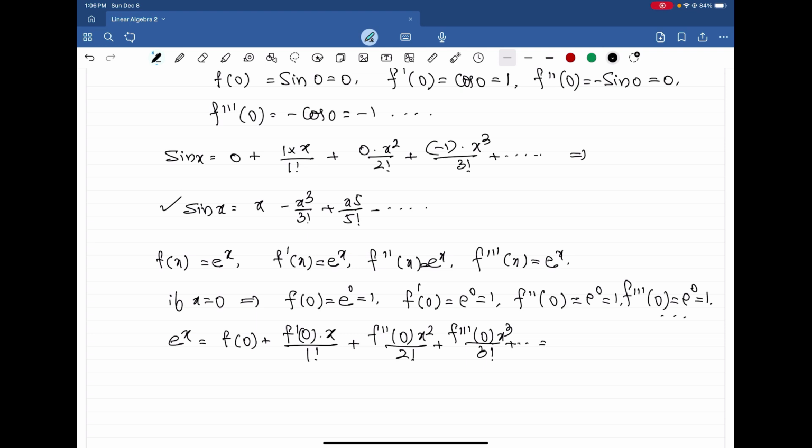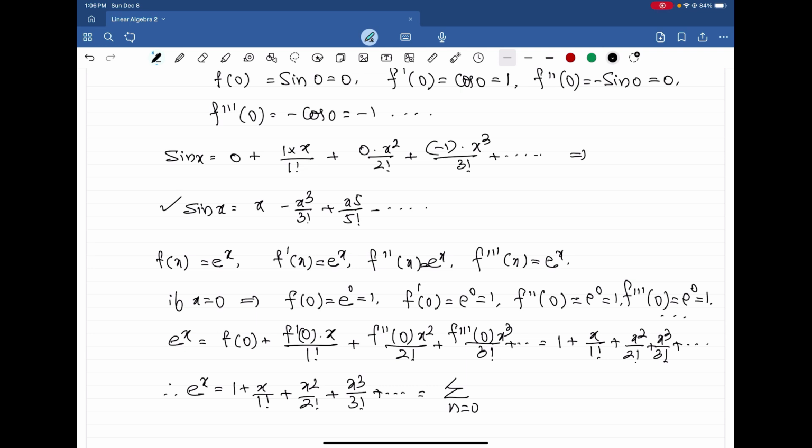That is equal to function 0, which is nothing but 1, plus x by 1 factorial plus x square by 2 factorial plus x cube by 3 factorial plus so on. Therefore, e to the power of x is equal to 1 plus x by 1 factorial plus x square by 2 factorial plus x cube by 3 factorial plus so on, that is equal to sigma n is equal to 0 to n is equal to infinity.